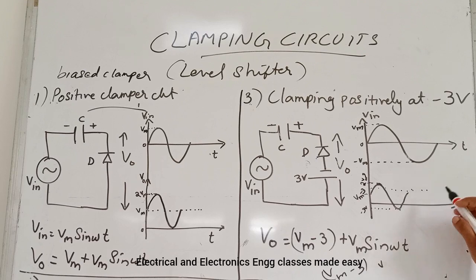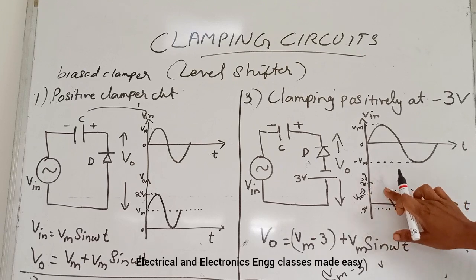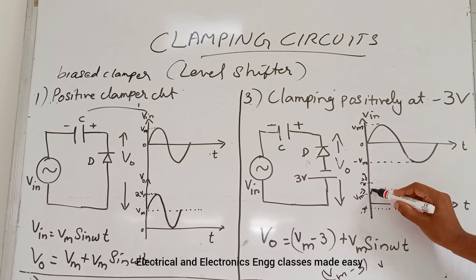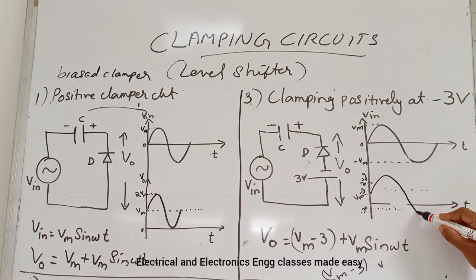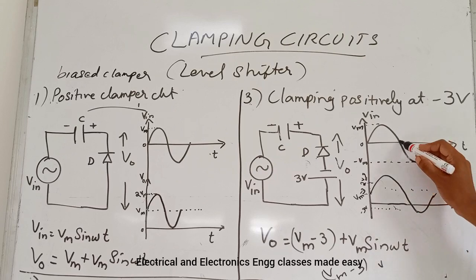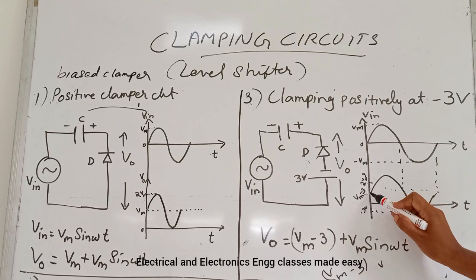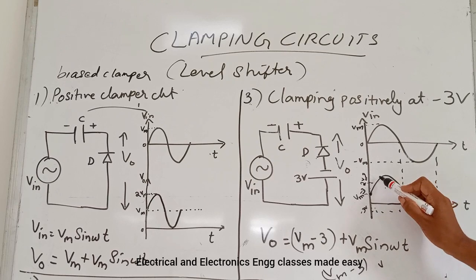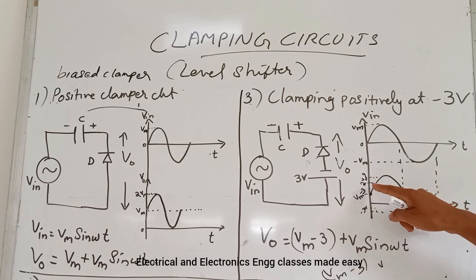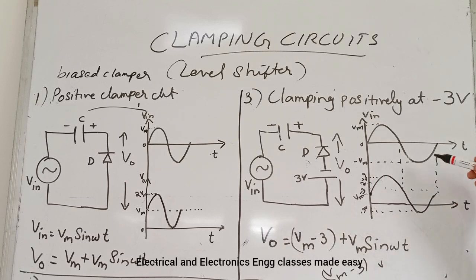In this way we are getting the waveform. So this is minus 3 volt, and this is Vm minus 3, and this is 2 Vm minus 3. So this is the waveform for clamping positively at minus 3 volt.